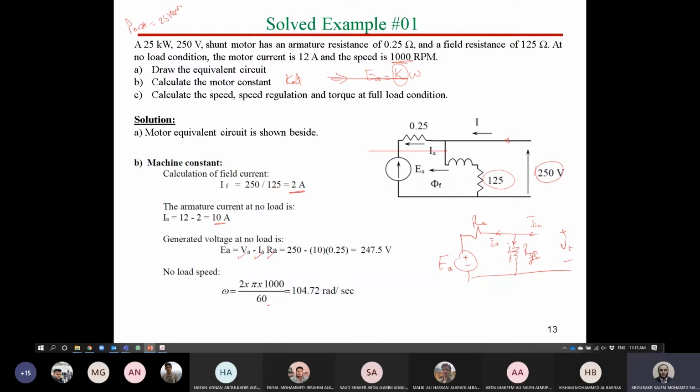This ratio, Shabab, is just a transformation between radian per second and RPM. It's not related to frequency. Even here we have a DC motor, okay? There is no frequency for the supply. We have to use the same relation. This is the transformation between radian per second and RPM. It's not related to frequency.